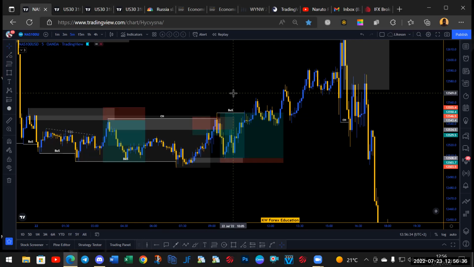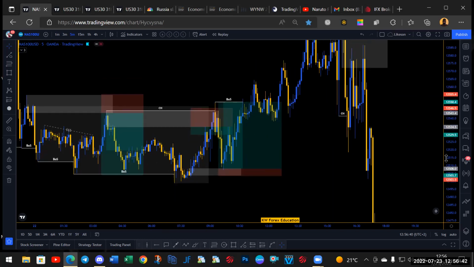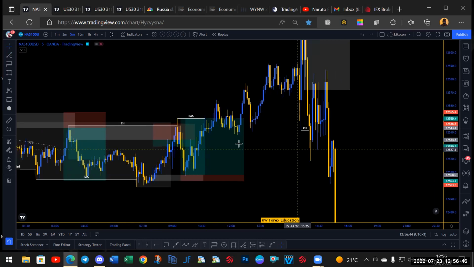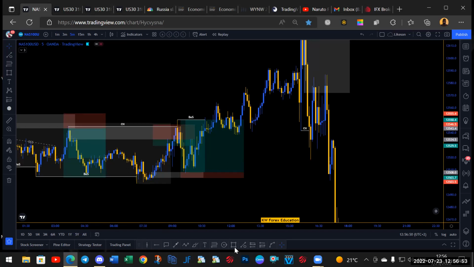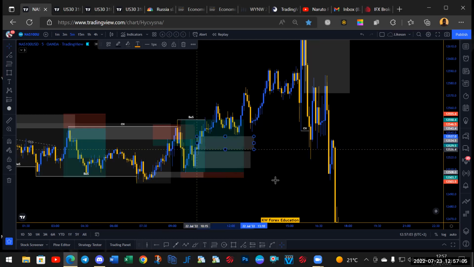With this one now, you have this. This would be your normal supply. You can trade from there. You can also trade from that one there.